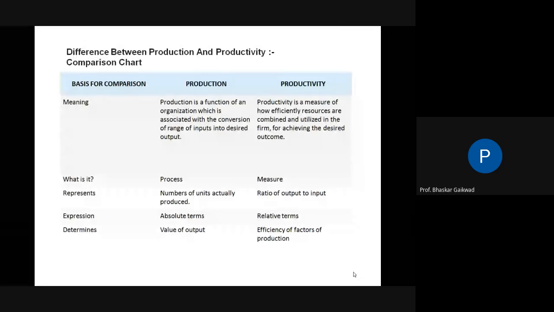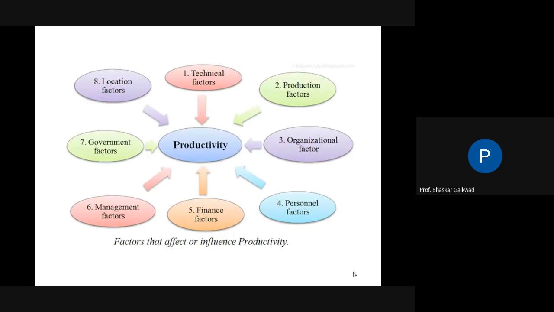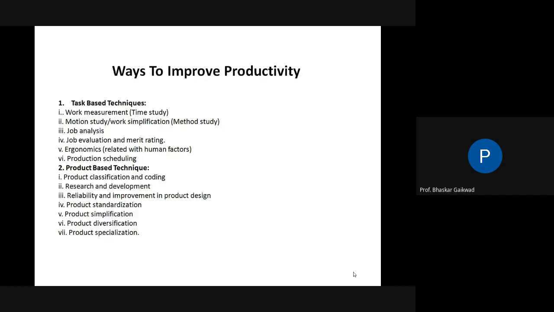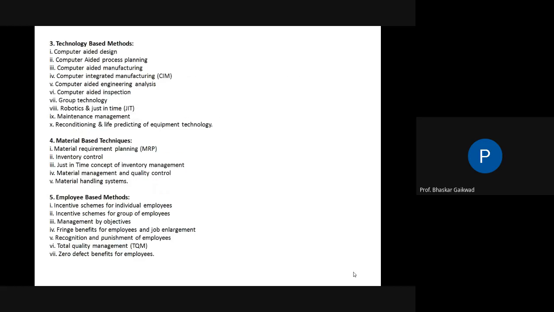Next, what is the difference between production and productivity? Then the productivity factors, which are the factors related to productivity, we have discussed. Then after that, how to improve the productivity. There are a number of points. Task based techniques means the whole syllabus of industrial engineering. Product based techniques may be classification, codification, design, research and development, simplification, standardization. So these product related things are there.